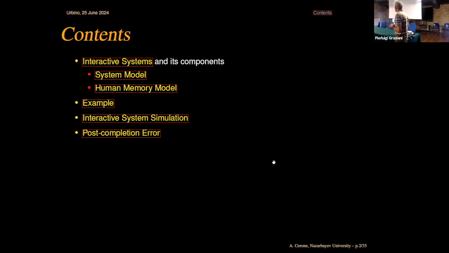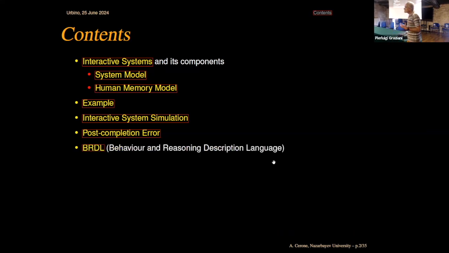So I simulate using these two components, the system model and the human memory model together, composed in parallel, let's say, to simulate the behavior of the human in interaction with the system. And then I will show a specific kind of error which might emerge, which we can discover using not only simulation, but actually something more than a simulation. We will use a technique which is formal verification.